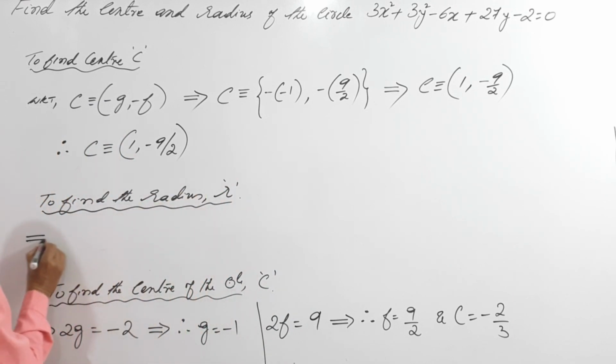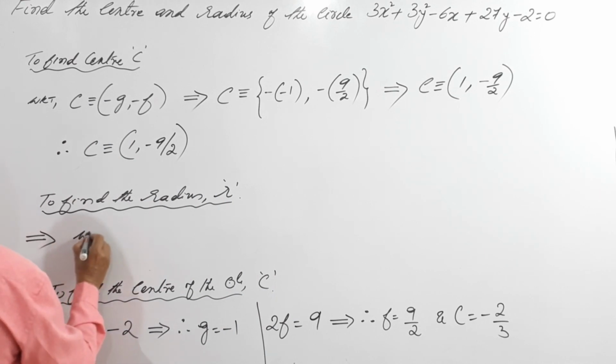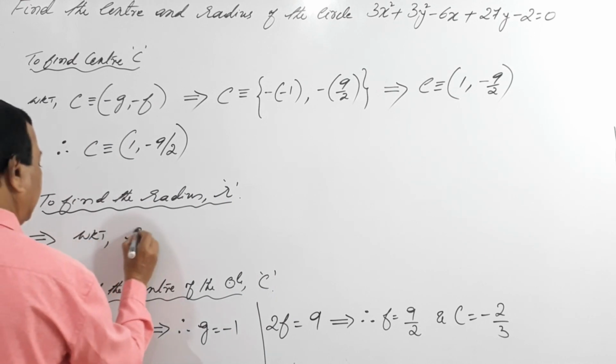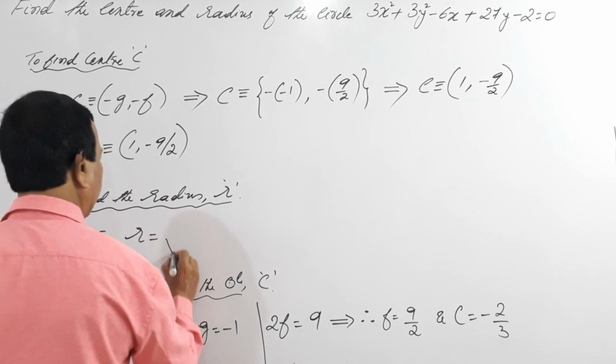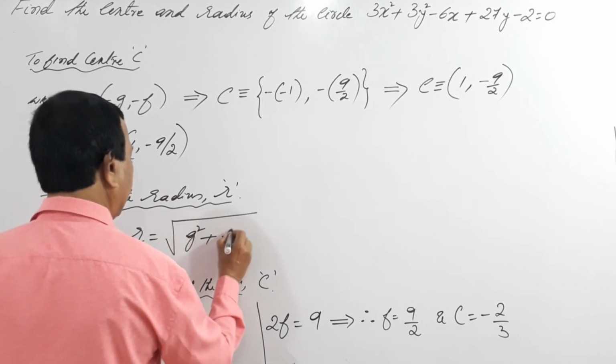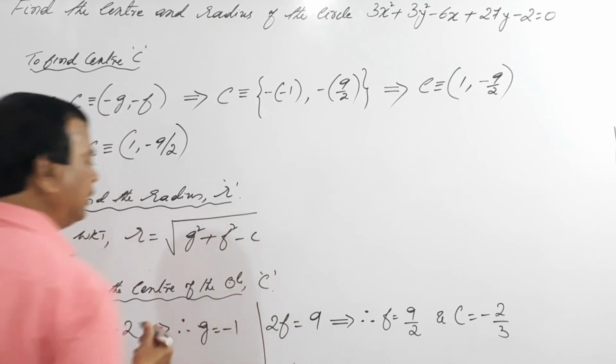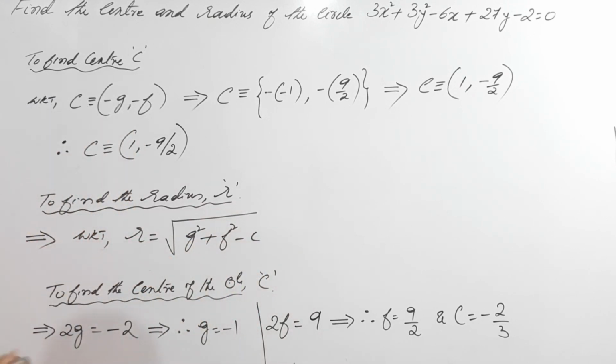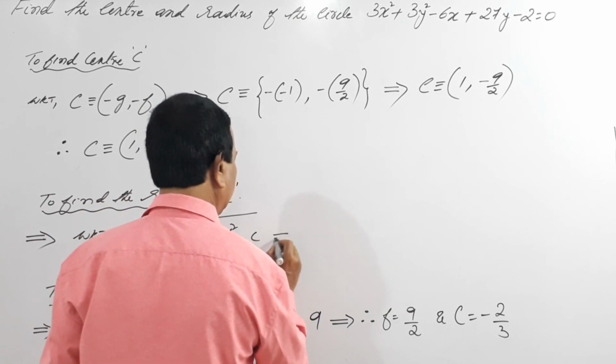So we know that radius equals square root of g square plus f square minus c. This is a formula, right? So let's substitute the values.